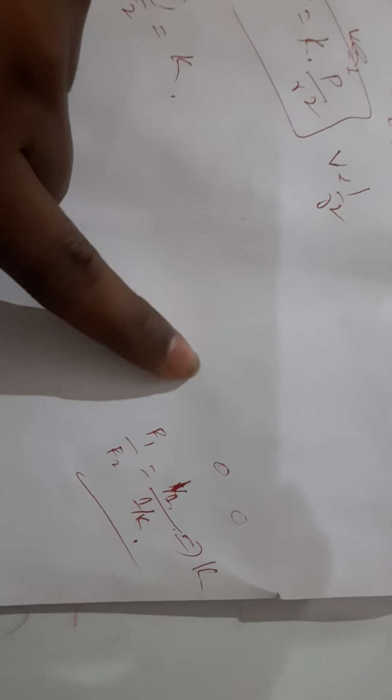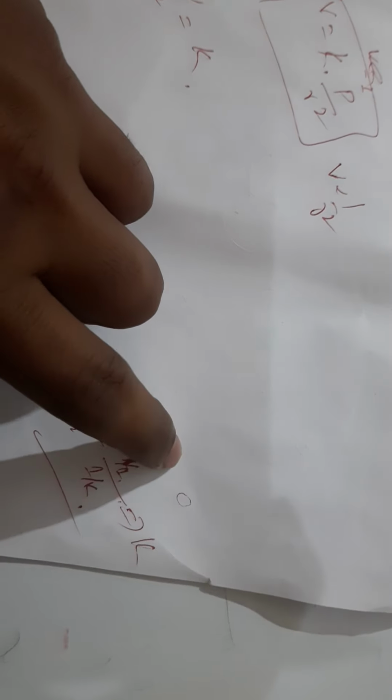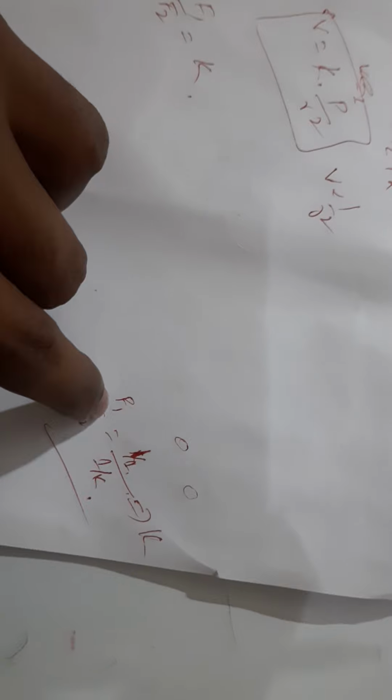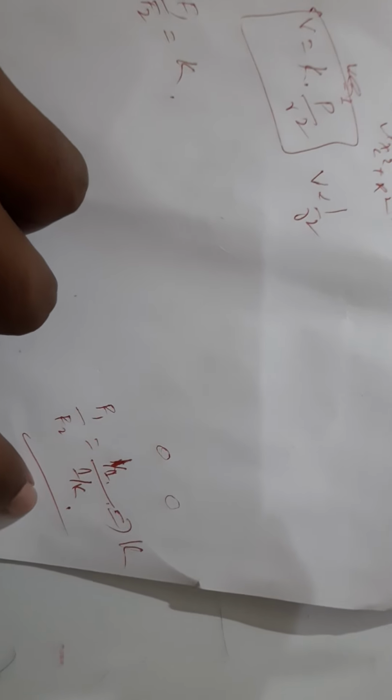So F1 by F2, when you go with Coulomb's law, in the F1 case you can find how much you will have. F1 I am taking directly, the rest are all constants, 1 by 4 pi epsilon naught. In that case, K only I am preferring, 1 by K, the rest of the charges I cancel. 1 by 1 for F1. For F2, 1 by K I have taken, right?